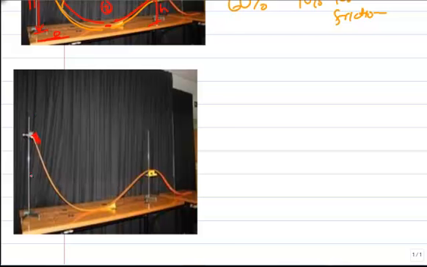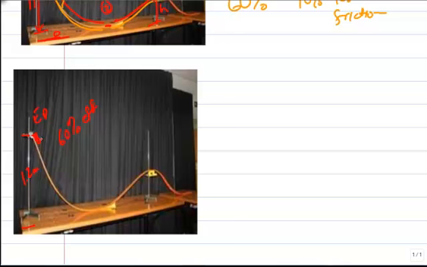And we're going to start it up here from about 1.2 meters high to begin with. Now, just like our track before, our track is going to be 60% efficient. That is, it's going to convert the potential energy, EP, into kinetic energy here at a rate of 60%, but it's going to lose 40% of its energy.